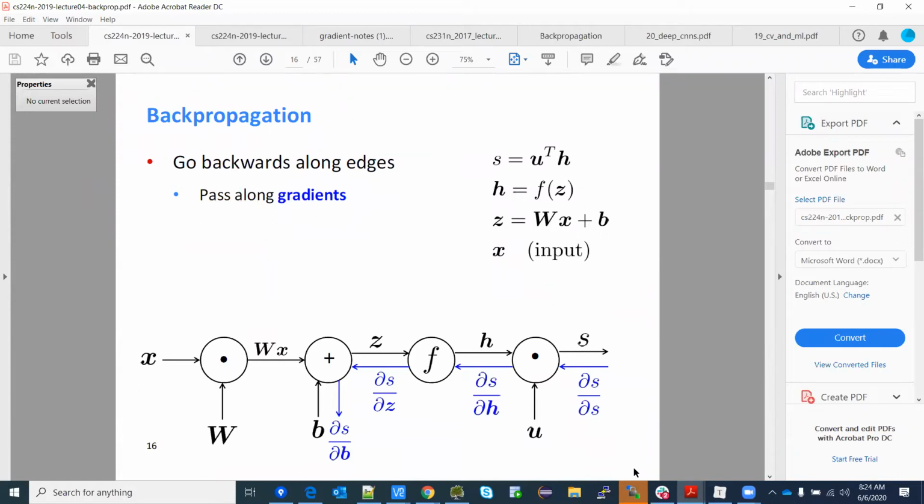If you look at any node, there's a derivative flowing into it from the right, the upstream, and a derivative flowing out of it to the left, the downstream. So in slide 16, the upstream gradient is ds by dh, and the downstream gradient is ds by dz. Does that make more sense?